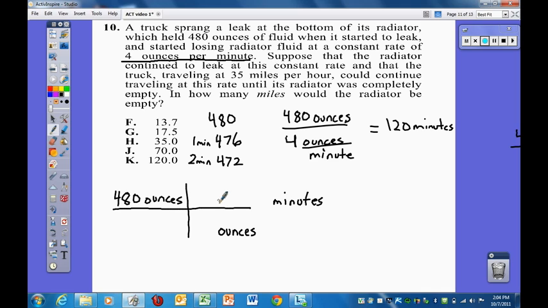I have ounces and I have minute. And it says 4 ounces per 1 minute. You can put a 1 there if you want to. Alright, so my unit is going to end up being minute. And that's what I wanted.